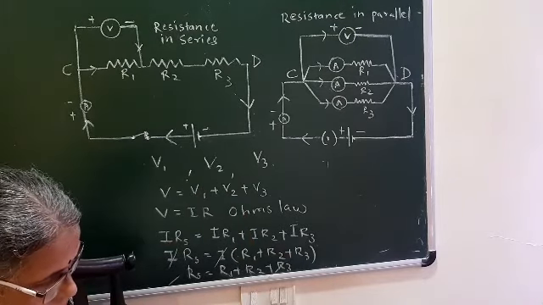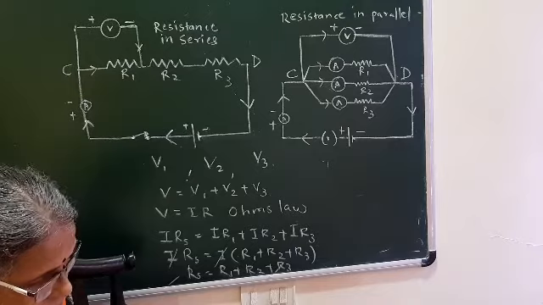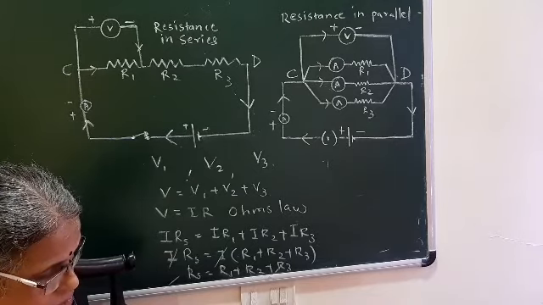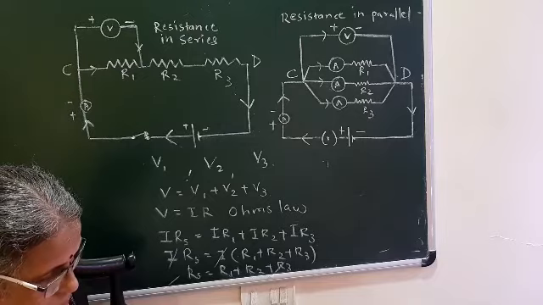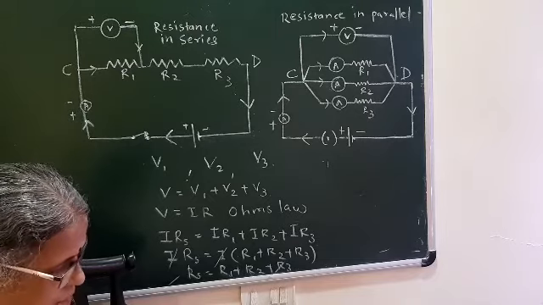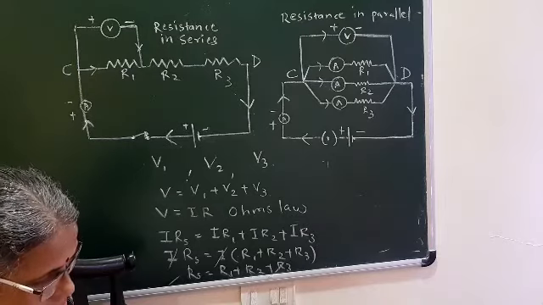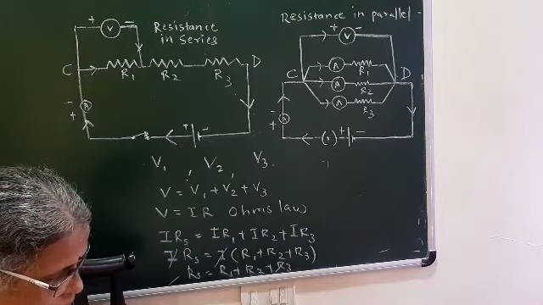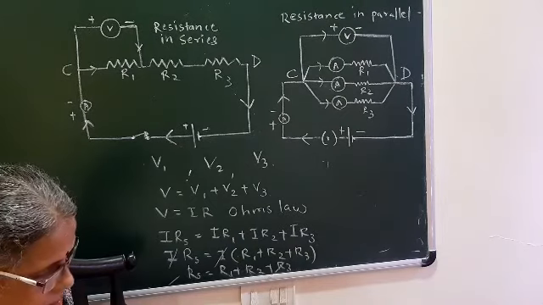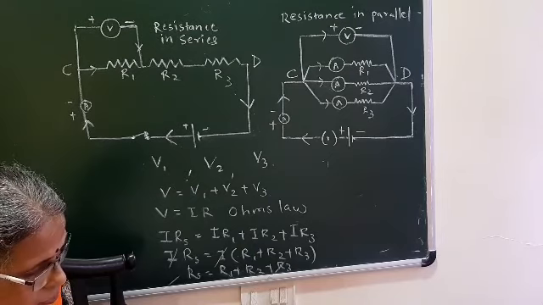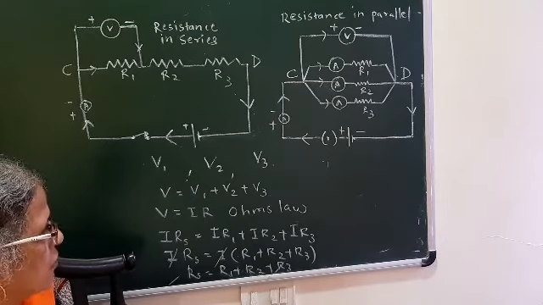Followed? So that is the third point you have to remember: the potential difference between the two extremes of the arrangement is equal to the sum of the potential differences across the individual resistors. Followed? Fourth, the effective resistance is always larger than the individual resistance. And fifth, this arrangement is used to increase the resistance in a circuit. Followed? So these are the five points you have to remember, but they are very easy.